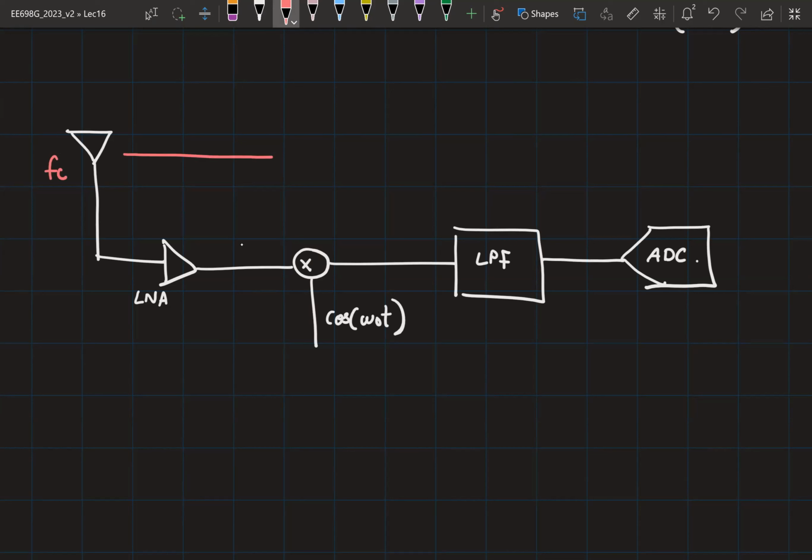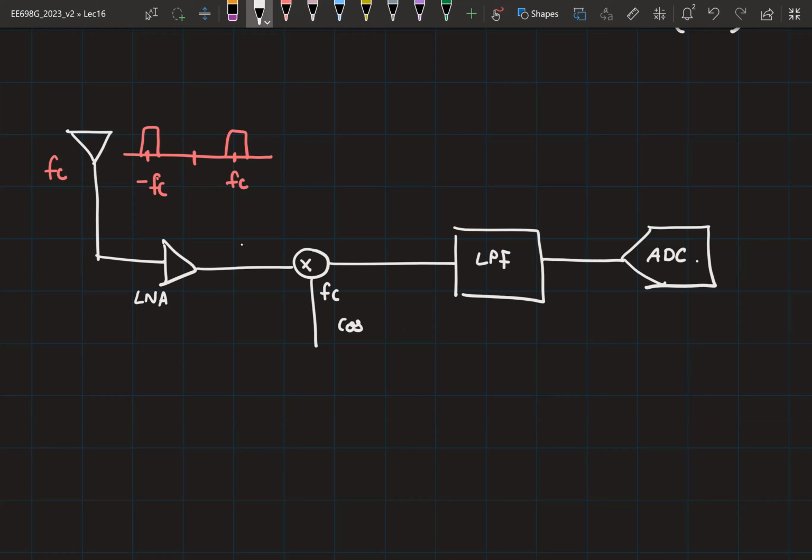If I were to look at the spectrum of this, it will be somewhere around FC and minus FC. Now I have to multiply it with a frequency FC.